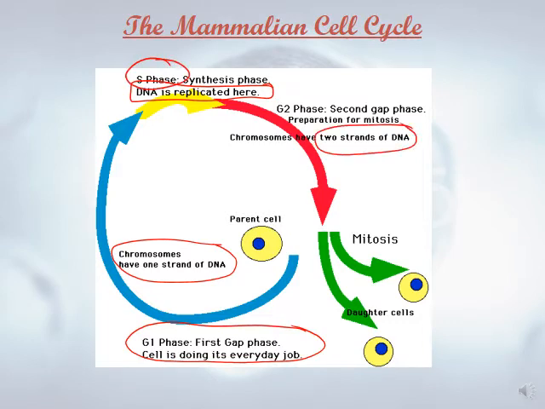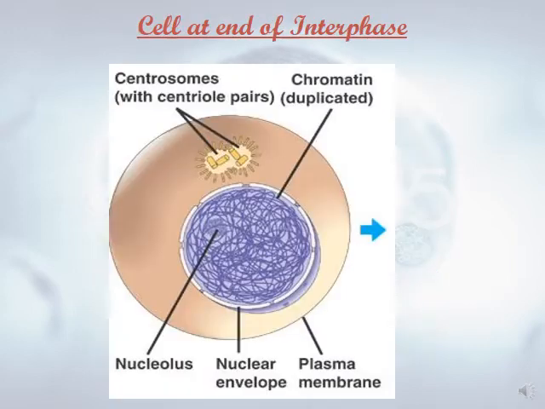So this means we have duplication of DNA in the S phase. Then we move to mitosis, prophase, metaphase, anaphase, and telophase, which includes the cytokinesis, where we have two daughter cells, and these daughter cells are identical to the parent cell or the mother cell.